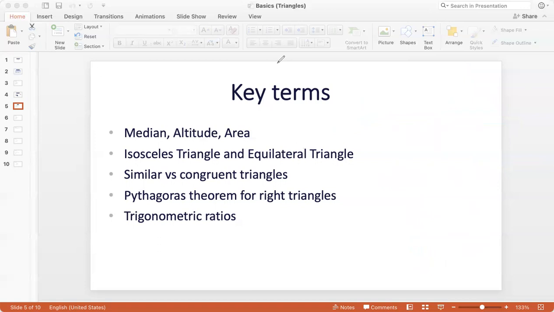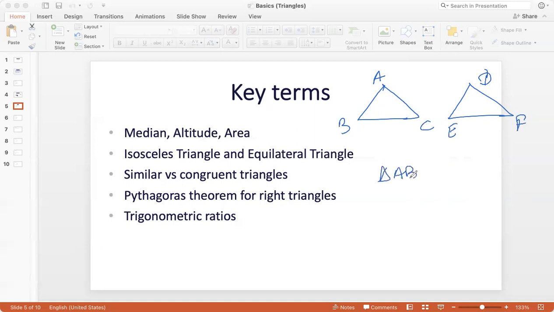Congruent triangles are just copies of one another, right? They are absolute mirror images of one another. So if I say that triangle ABC and DEF are congruent, then I write it like this. Triangle ABC is congruent to triangle DEF. And here, angle A is angle D, right?